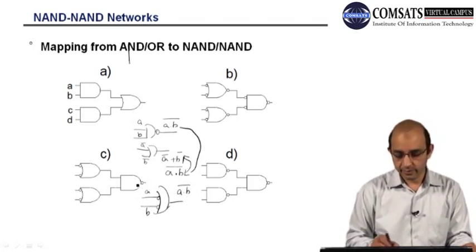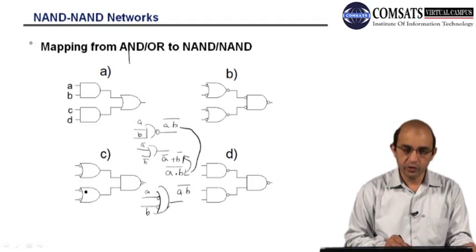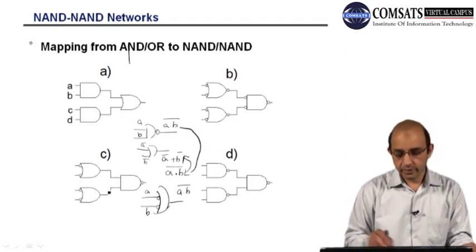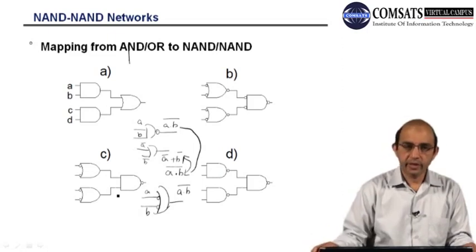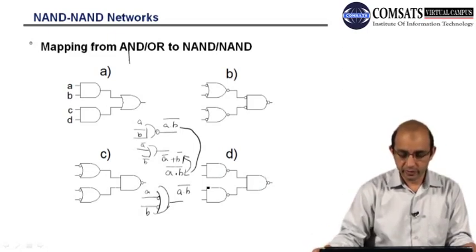Similarly, we can do the same with this second OR gate with two complemented inputs. So what we are left with after the placement is this NAND, this NAND, and this is already NAND. So we started from AND-OR logic and we reached NAND-NAND logic.